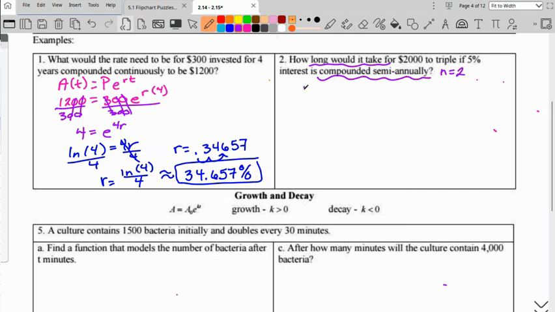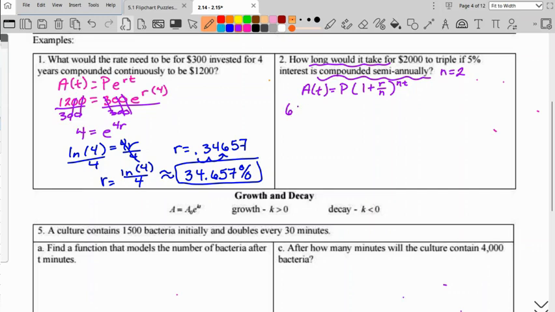So we're using our formula that the amount at time t will be the principal or initial amount times 1 plus r over n to the nt. Let's plug into that. We want it to triple. Tripling $2,000 means it would be $6,000.